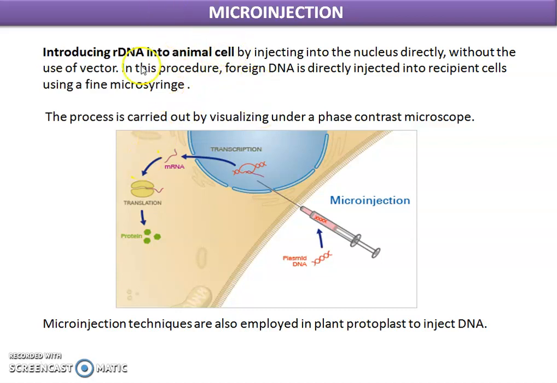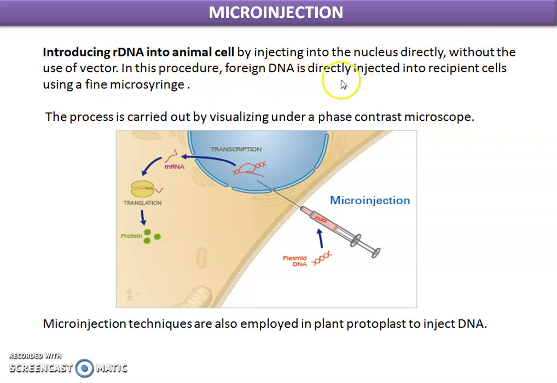So what happens in micro-injection is, generally it is done for animal cell, but plant cells, protoplasts are also injected with DNA by this method. The syringe containing the DNA sample of interest, there is no vector here, is directly injected into the nucleus without the use of a vector. So what happens?